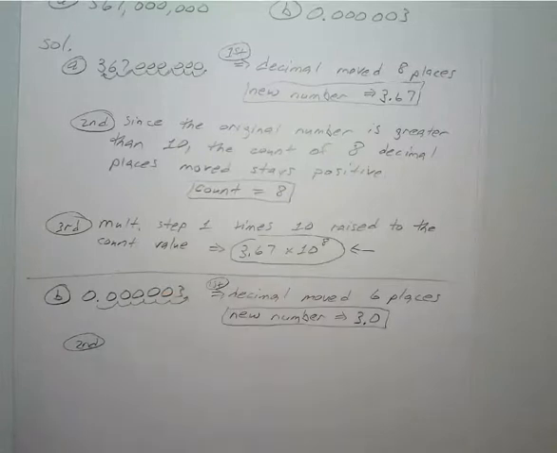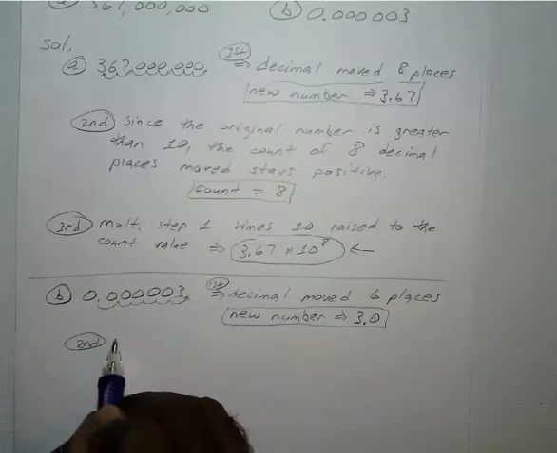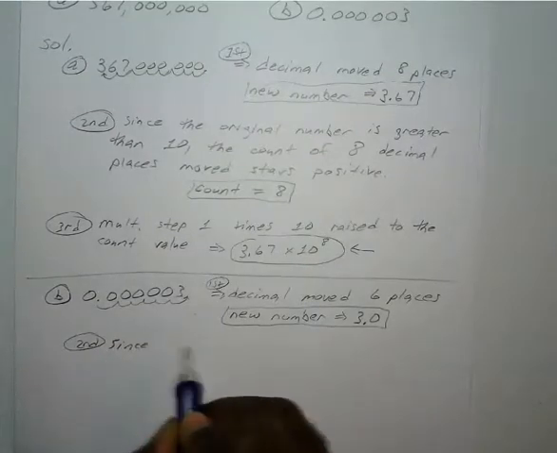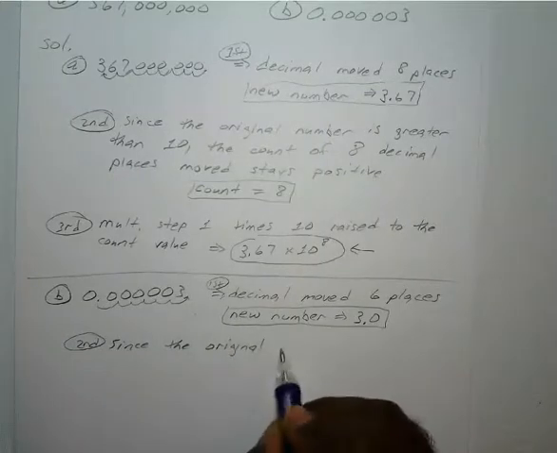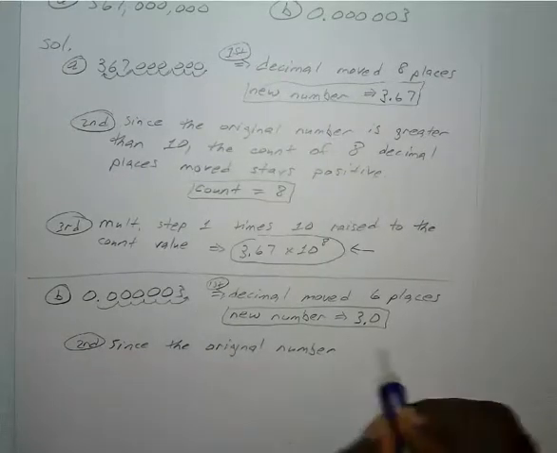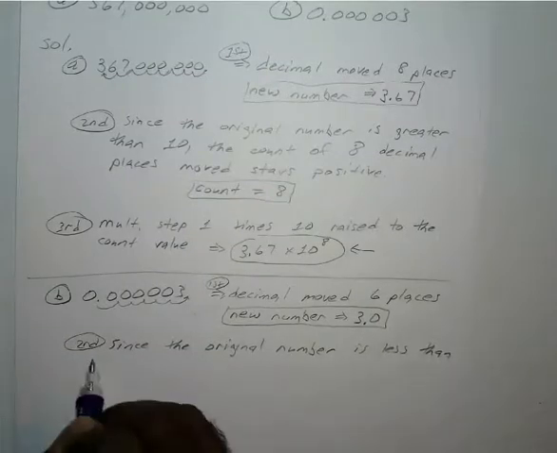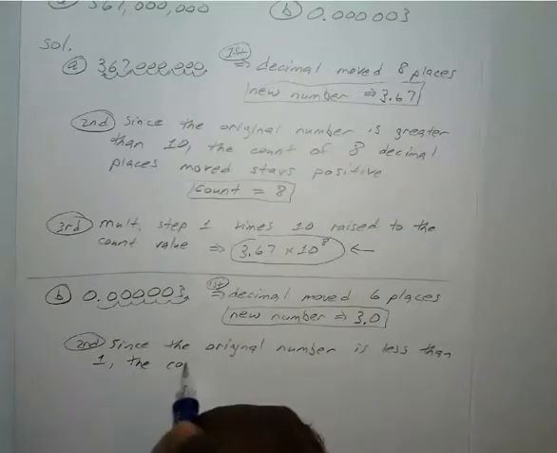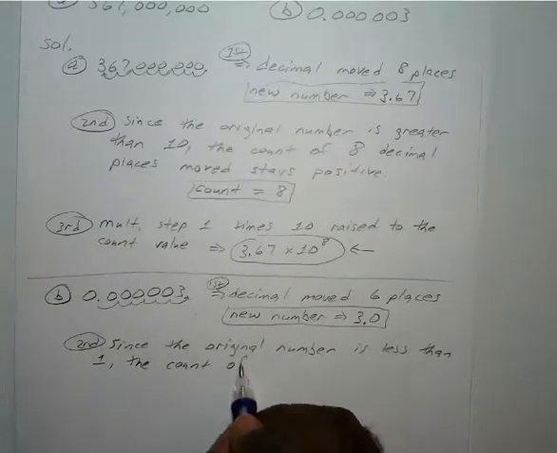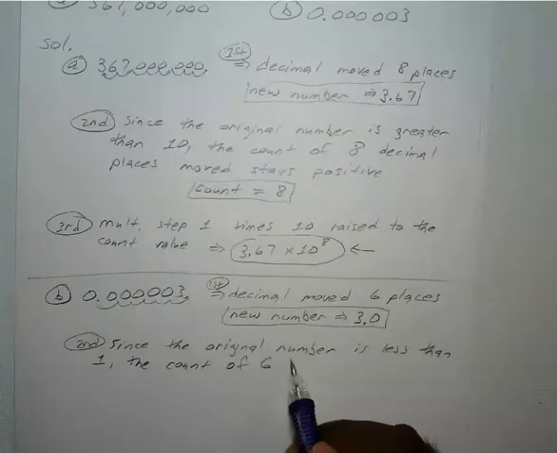Now your second step is you know that since the original number is less than 1, the count of 6 decimal places becomes negative.